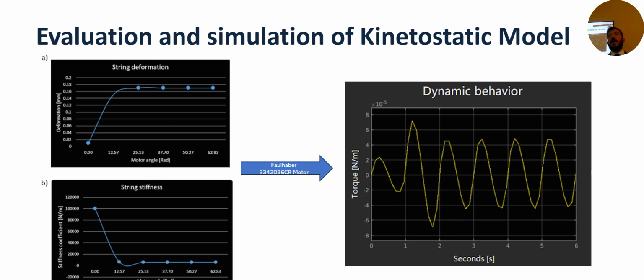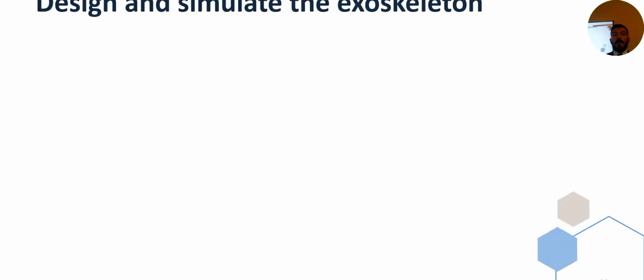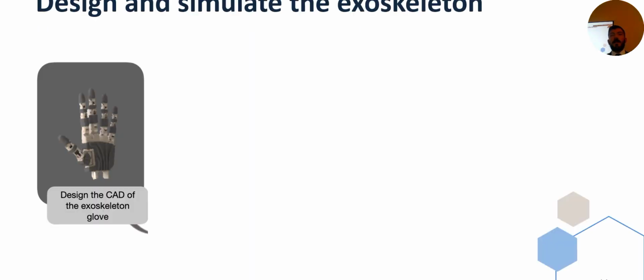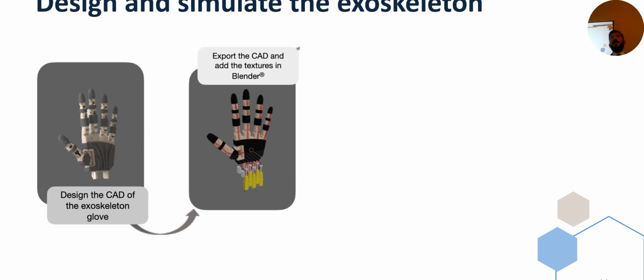Using this information and a proposed DC motor, we got the dynamic behavior of that motor in each of the fingers, based on the torque the motor should be delivering during the period of the therapy.